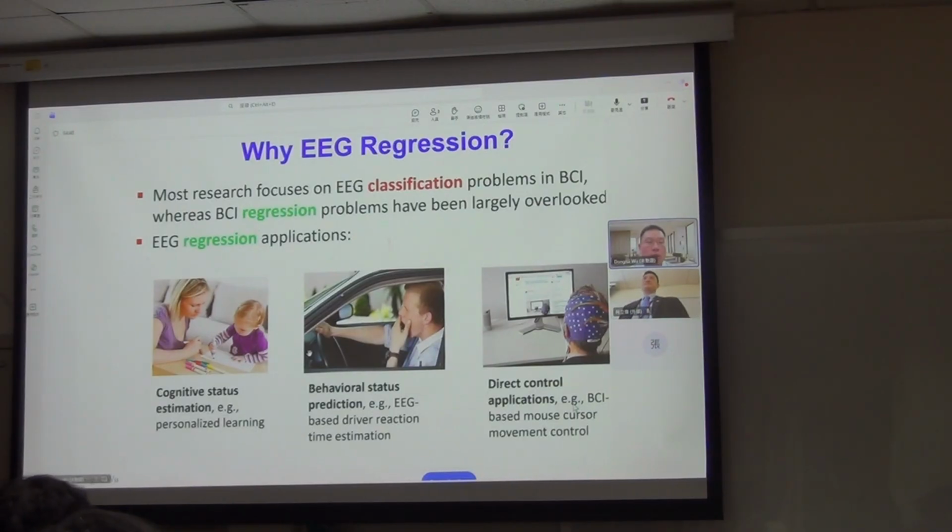For example, when we want to estimate the cognitive status from EEG signals, which could be a value between 0 and 1, or behavioral status prediction. For example, EEG-based driver reaction time estimation, which should also be a continuous number, and also direct control applications such as BCI-based mouse cursor movement control, whose trajectory should be continuous. So there are many very important regression problems in BCIs.